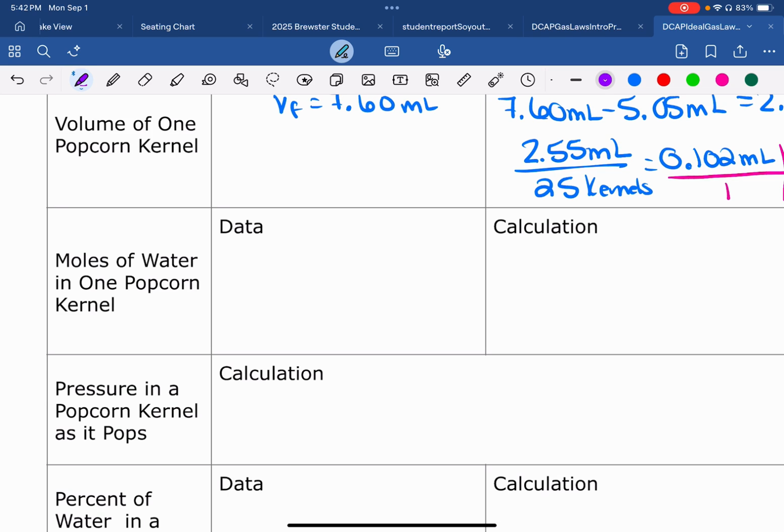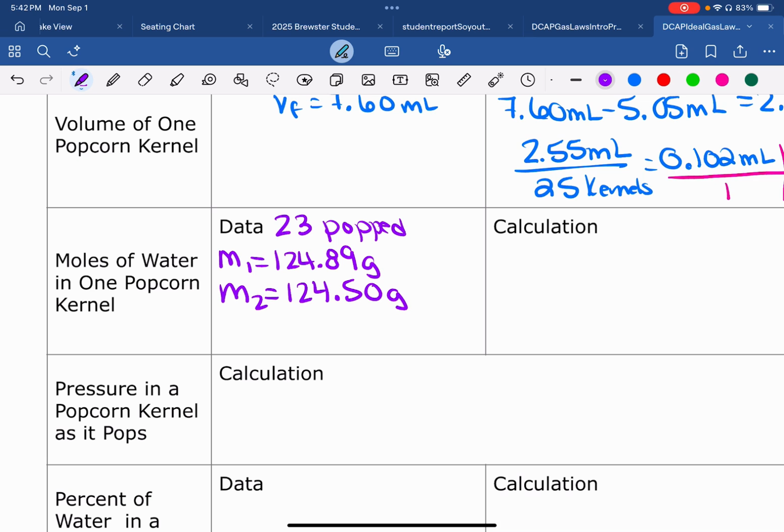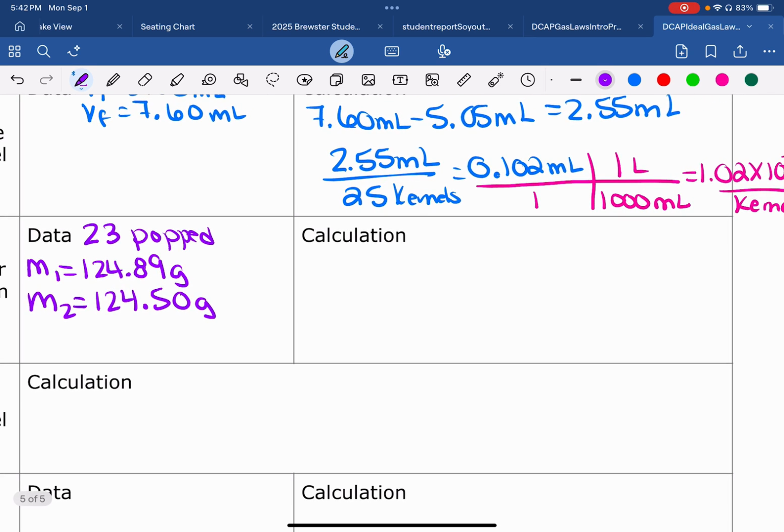Moles of water. So I had 23 that popped. My initial mass was 124.89 grams. My mass final was 124.50 grams. So we do the math there. 124.89 minus 124.50 is going to give me 0.39 grams, and we divide by 23 because only 23 of them popped.